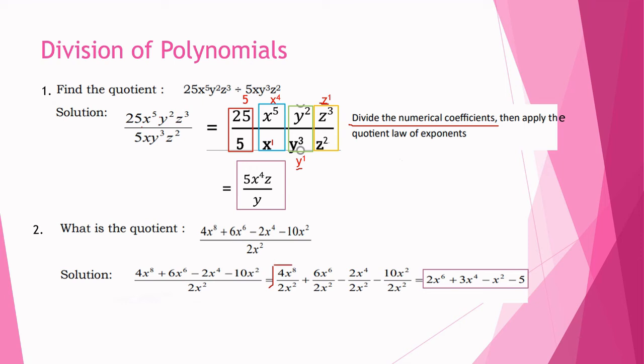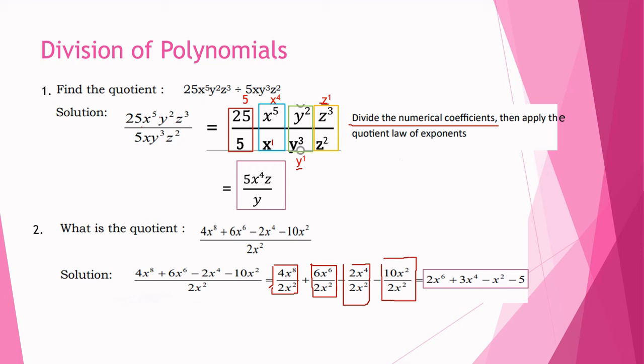So we have 4x to the 8 divided by 2x squared plus 6x to the 6 divided by 2x squared. Next, minus 2x to the 4th divided by 2x squared minus 10x squared divided by 2x squared.